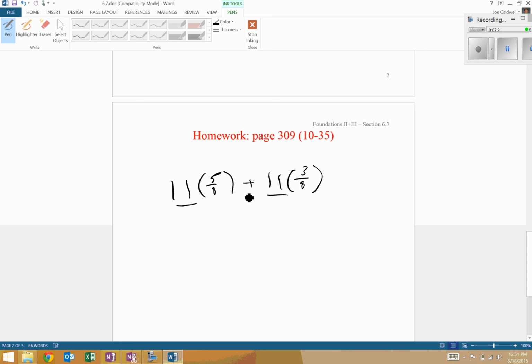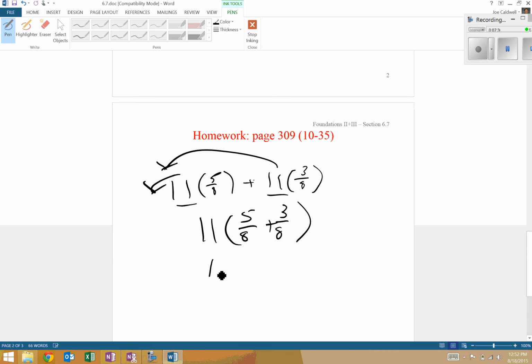Again, we could take those common numbers out, and now all we're left with is 11 times 5/8 plus 3/8, and that's going to equal 11 times 8 over 8. Anything over itself equals 1. And 11 times 1 is an easy number to do, rather than having to do all that math in between.